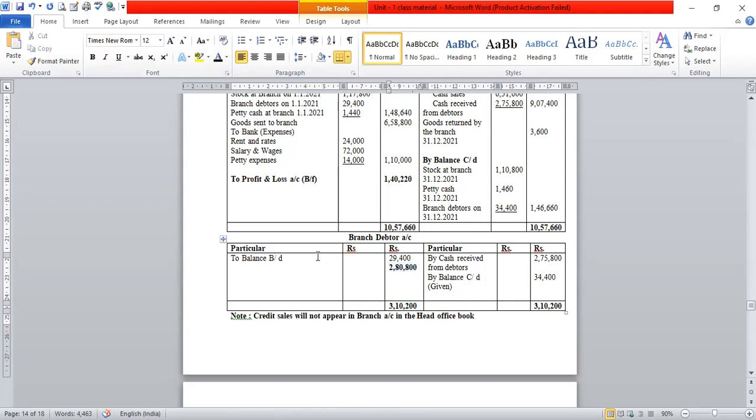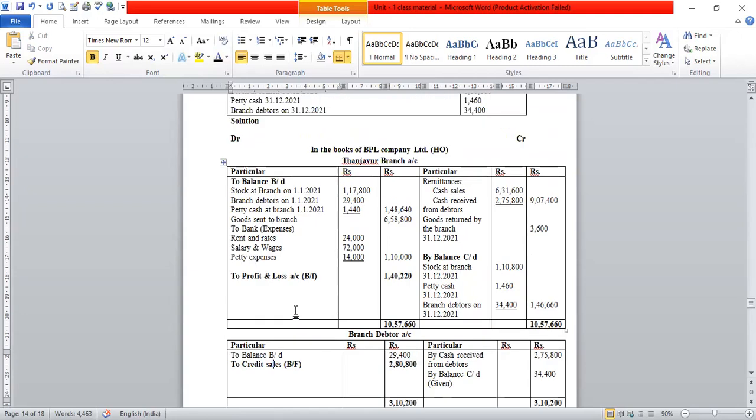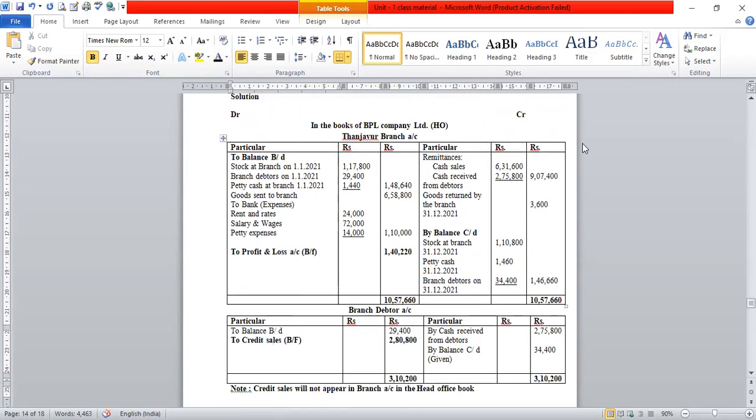So what is the name? Under debtors, opening and closing, we received cash, and the remaining is credit sales. The remaining balance is credit. Sure, the credit sales are calculated here. Why are we not posting it into our branch account? In the head office branch account we do not post it because in this problem they mentioned that we have to open the head office book.